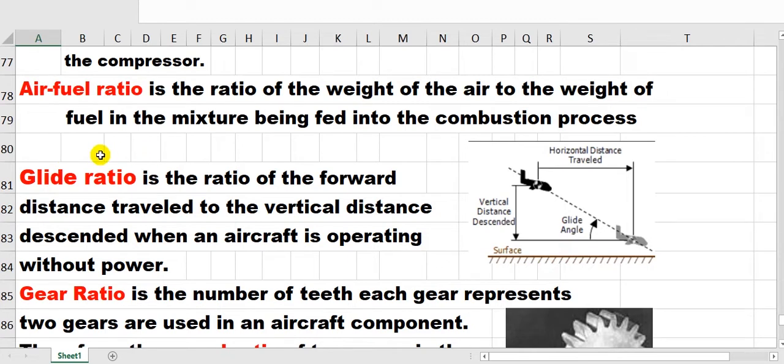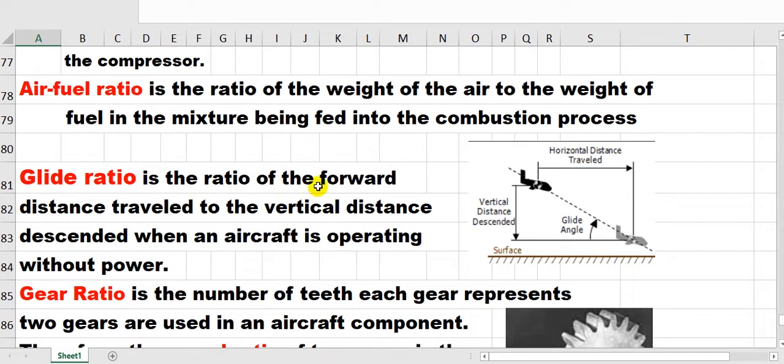And the aircraft glide ratio. The glide ratio, when the aircraft does not use power, because of engine failure, so the aircraft will fly gliding.